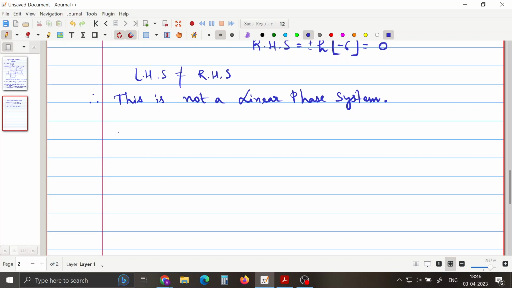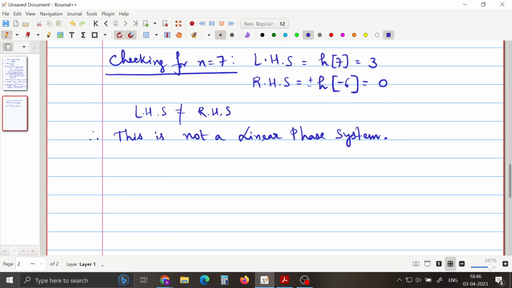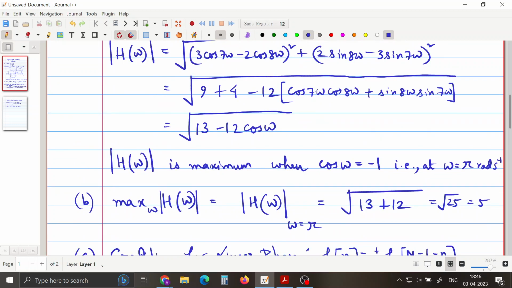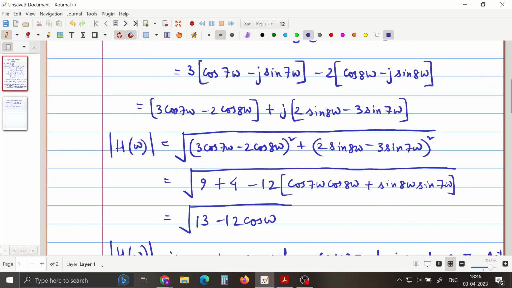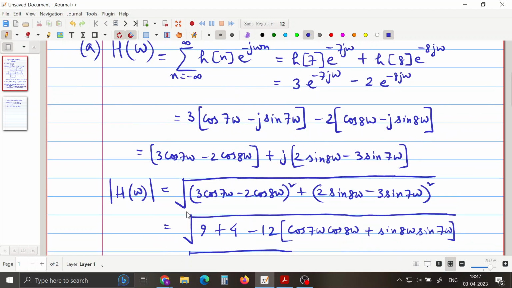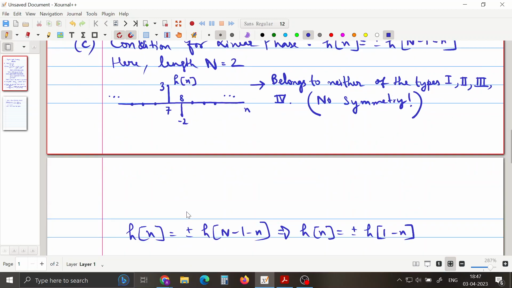So algebraically, although we have already concluded that it's not a linear phase, let's still verify, to reassure ourselves even more. We have already found the frequency response, capital H of omega, with this real part plus the imaginary part. So let's find its phase. Let's check the expression for the phase.